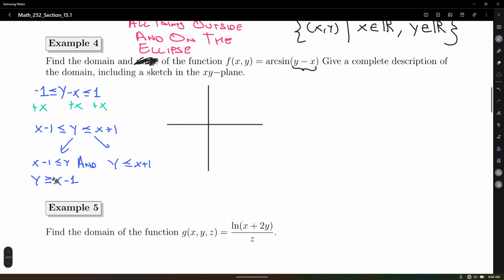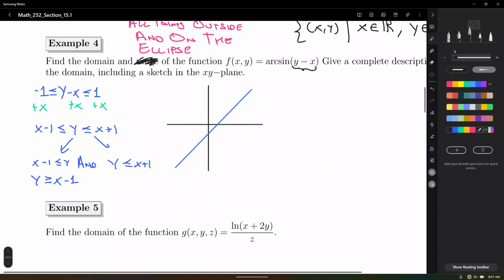So that's going to be y equals x minus 1. That's just a diagonal line, where the y-intercept is at negative 1. I'm just going to draw this line right here. While for the second inequality, I will plot y equals x plus 1.